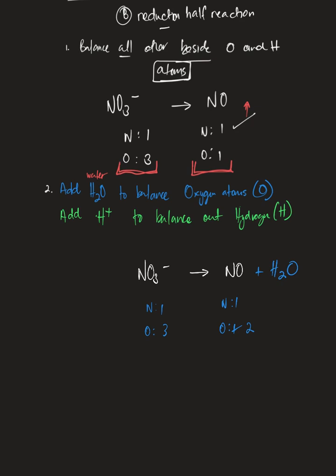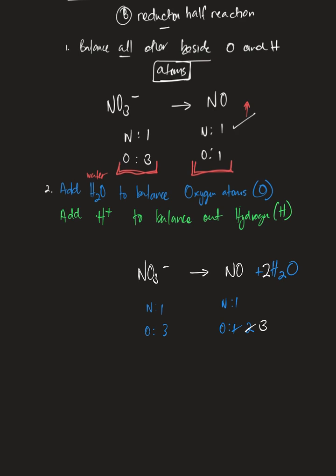So what I'm going to do is add a coefficient and make it 2H2O. By putting the 2, I'm going to balance the equation. So I've got 2 times 1 is 2, plus 1 is 3. So by balancing that water and putting a 2 in front, I sorted out my oxygen situation.